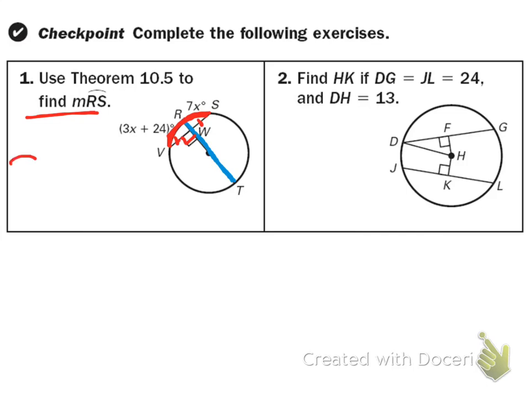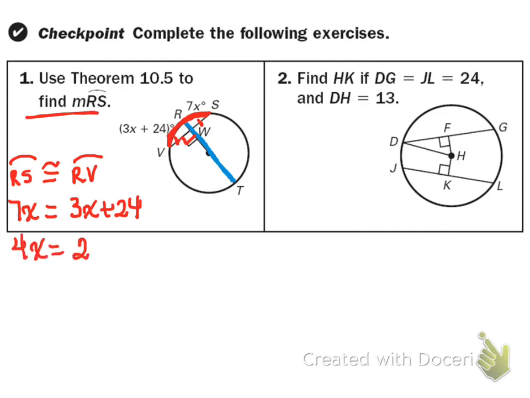So arc RS is congruent to arc RV. Substitute in, you know arc RS is 7x, then it will be equal to arc RV, which is 3x plus 24. Subtract 3x from both sides, 4x will be equal to 24. Divide by 4, x will be equal to 6.